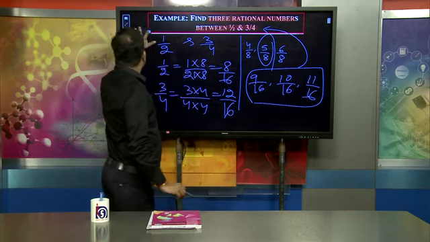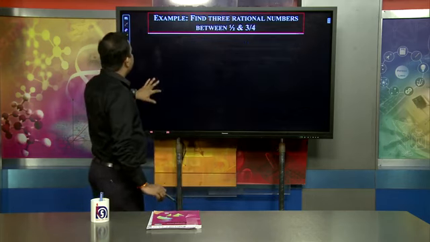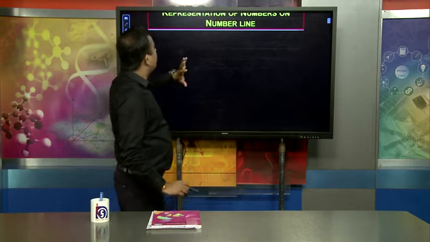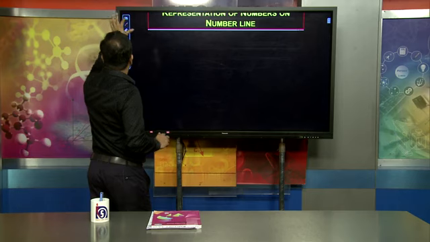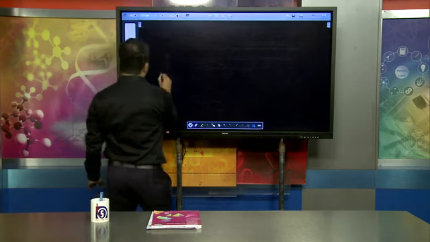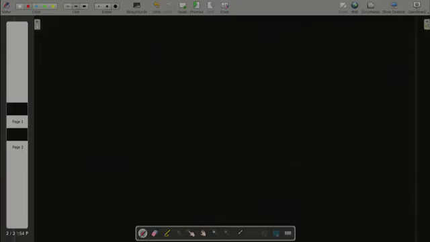Now another concept that is involved is representing numbers on the number line. When talking about the number line, suppose this is the number line. This is 0, this is 1, this is 2, because the right hand side is always positive, then 3, 4, 5.